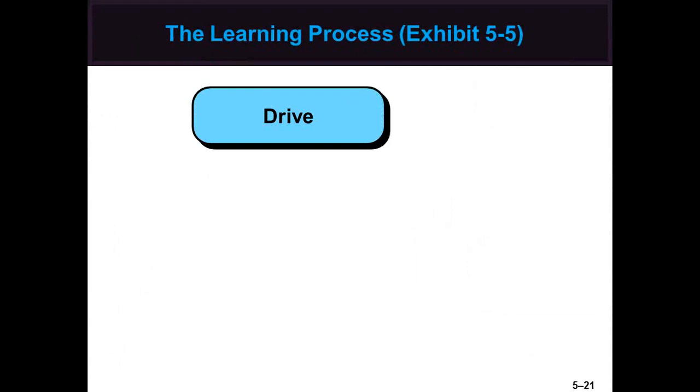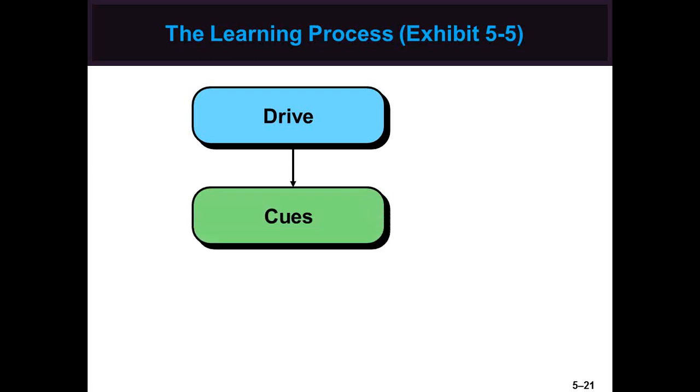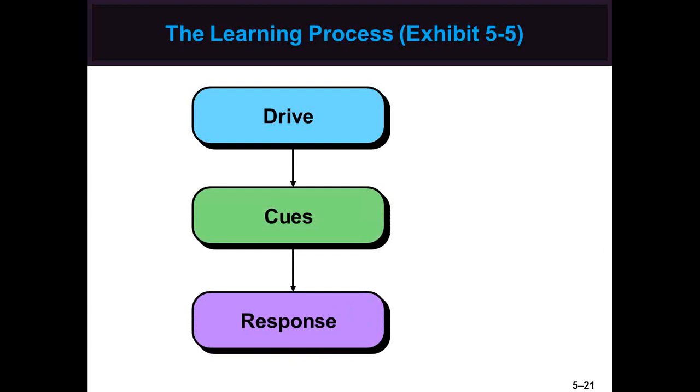So, what is the learning process? Marketers understand that virtually all of the consumer behavior is learned, so they are very interested in how they can positively affect the learning process. Learning is a change in a person's thought process caused by prior experience.